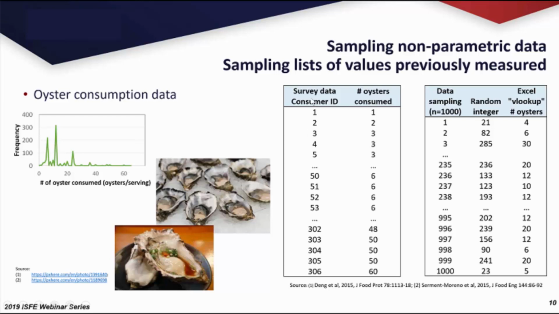So again, 170 described like this, 360 described like this, and 470 described by this distribution.